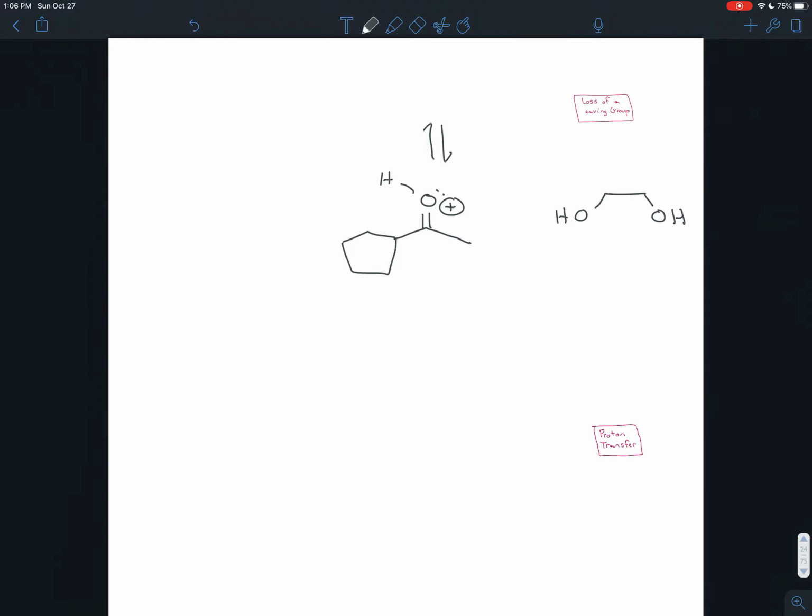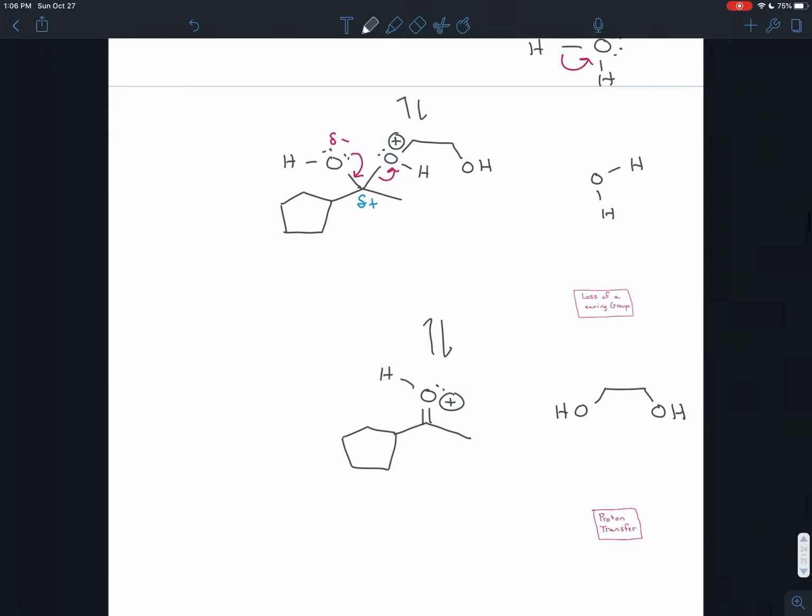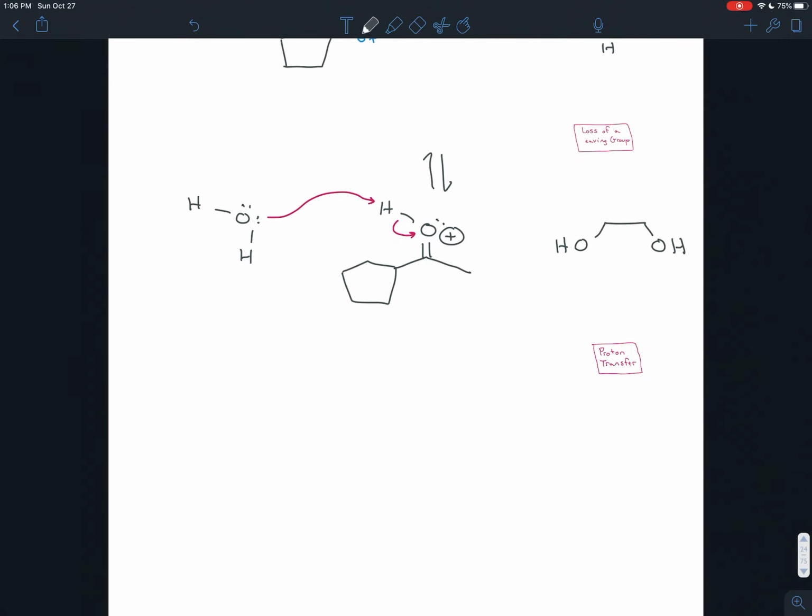Well, we're almost at our ketone. We just have to get rid of the positive charge and the hydrogen. And we can do that by doing a proton transfer. We can add one of the waters that we've made, and the slightly negative oxygen there can steal the slightly positive hydrogen, have the electron snap back onto that oxygen, help it to stabilize that positive charge, so that there is a proton transfer.